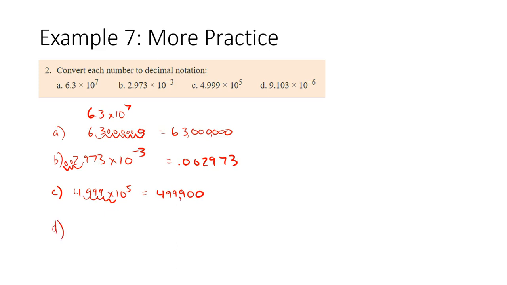And then finally, 9.103 times 10 to the minus 6. We're going to move the decimal place 6 places to the left. That will give us a 9 with 5 zeros in front. 0.000009103.